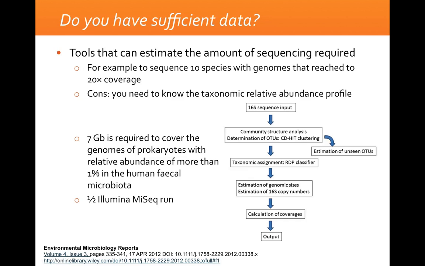It is possible to estimate how much sequence you need to produce to meet the goals you have set for your sequencing. So, for example, if you want to sequence a certain number of species with a relatively high abundance, you can calculate that. There are some tools, and there's a link to one paper describing this technique.